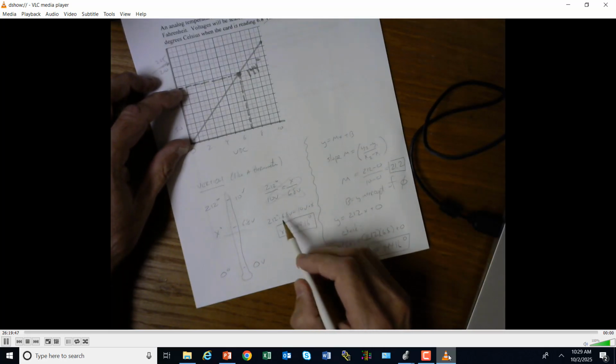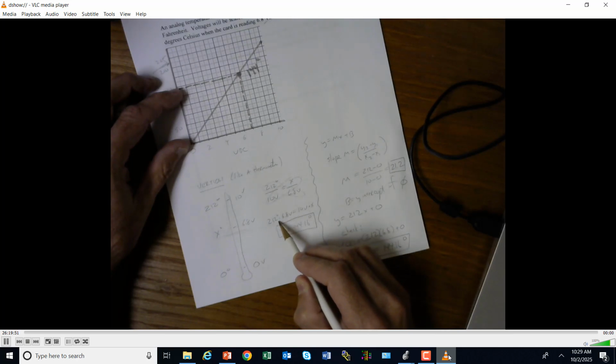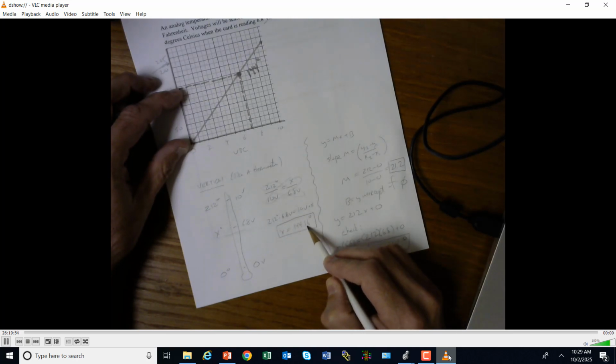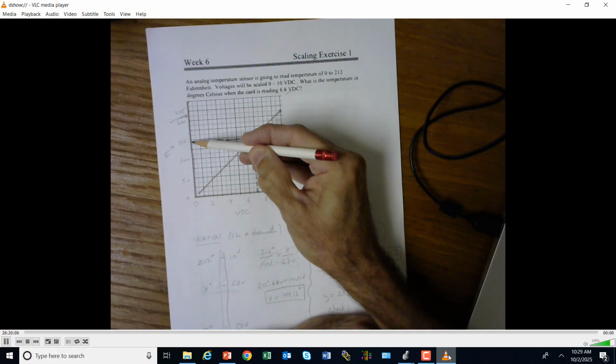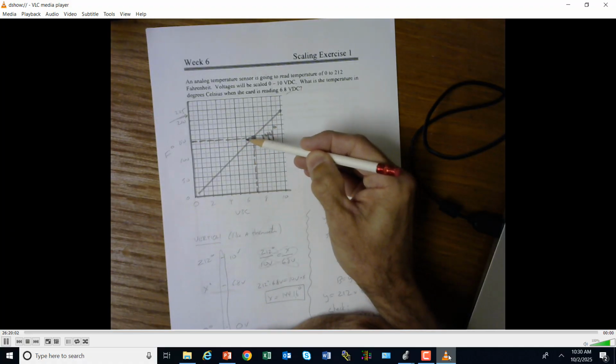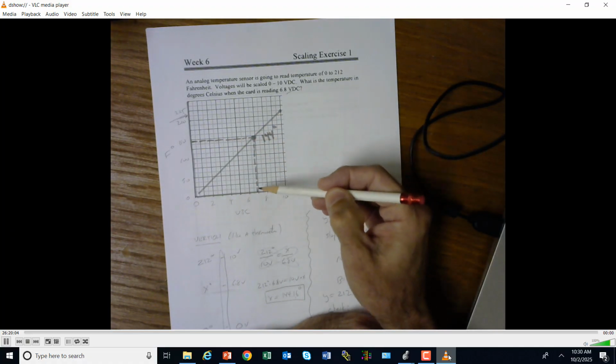Then 212 times 6.8 divided by 10 gives x equals 144.1 degrees. And looking at 6.8, yeah, it's below 150. The way I've got this drawn, 144 degrees seems pretty reasonable.